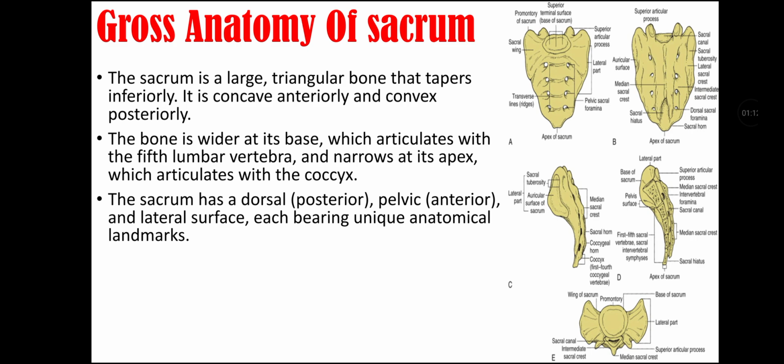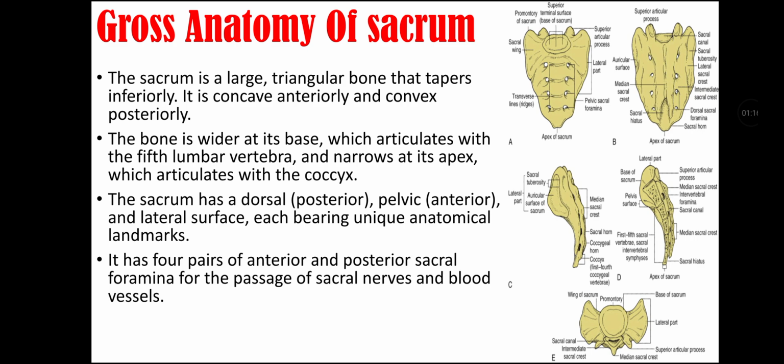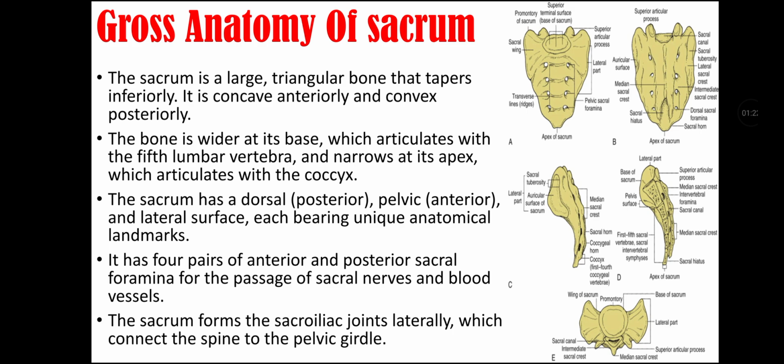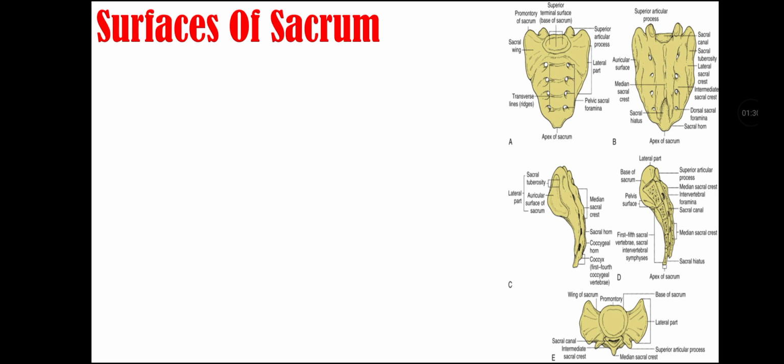Each surface bears a unique anatomical landmark. It has four pairs of anterior and posterior sacral foramina for the passage of sacral nerves and blood vessels. The sacrum forms the sacroiliac joint laterally, which connects the spine to the pelvic girdle.